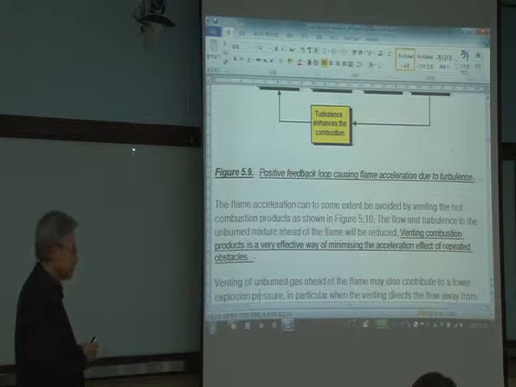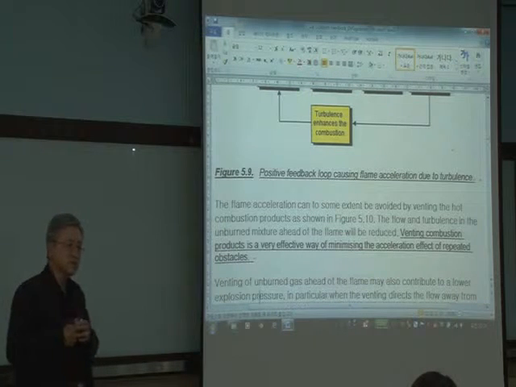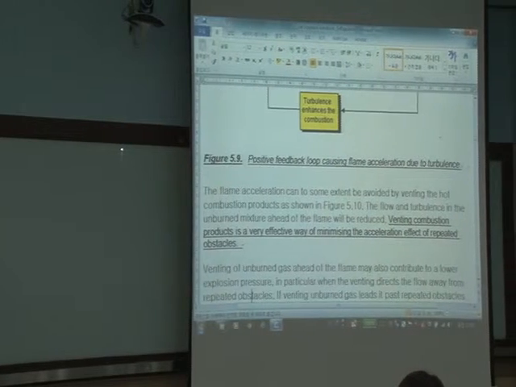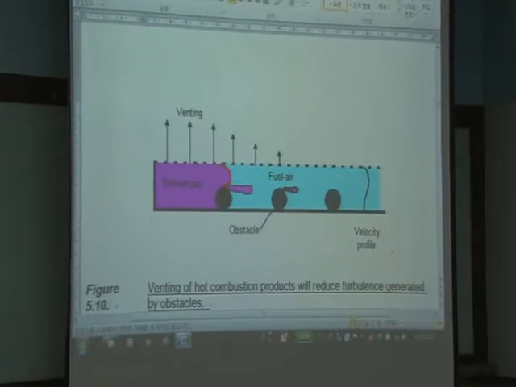Then you have to introduce the venting, so they conflict with each other. So you need some sort of design optimization on that. So that's the situation you will face here.